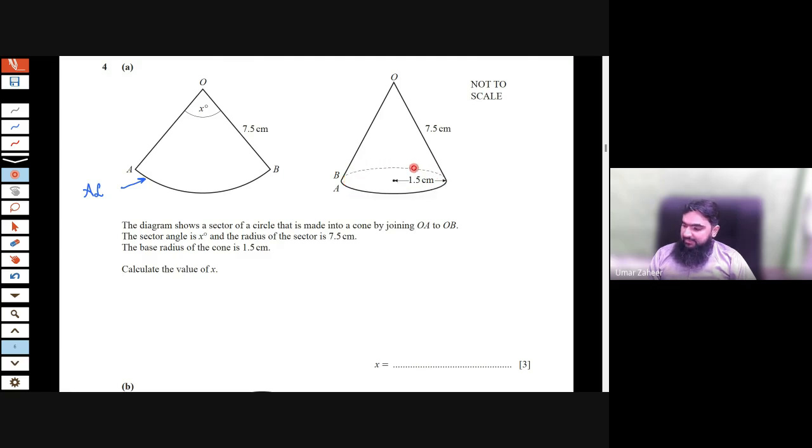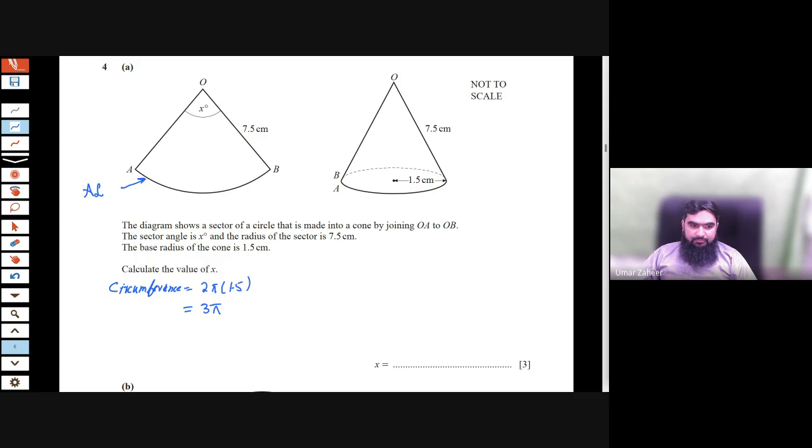If you want to find this length, it's simply a circle. You have the radius, so you have to use the formula 2 pi r. So circumference of a circle is equal to 2 pi r, that is 1.5. So that will be 3 pi.